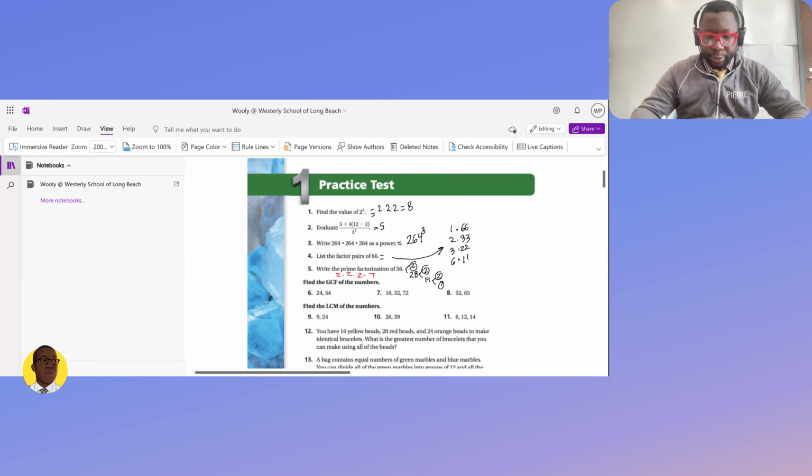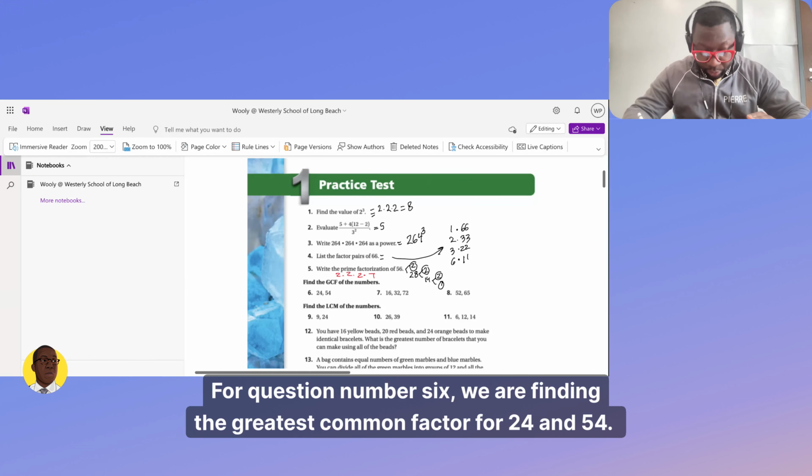For question number 6, we are finding the greatest common factor for 24 and 54.